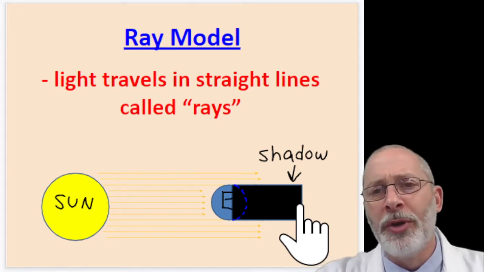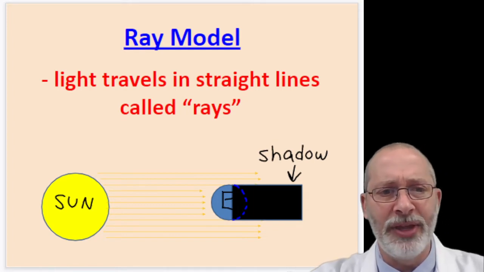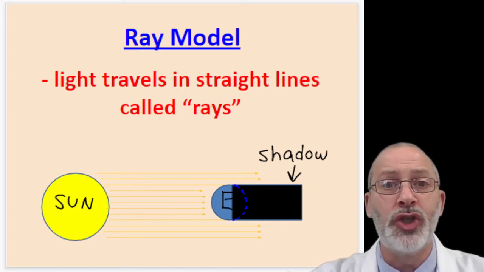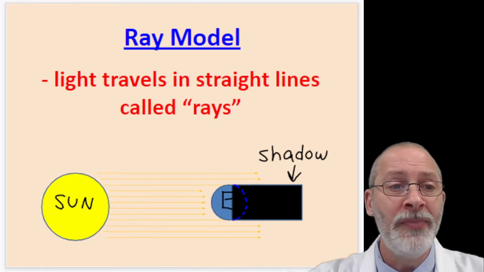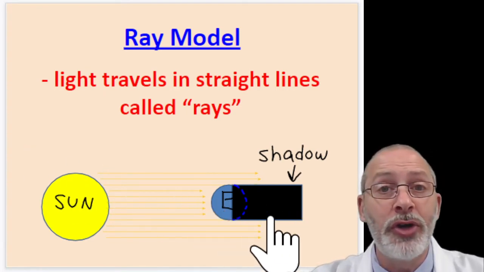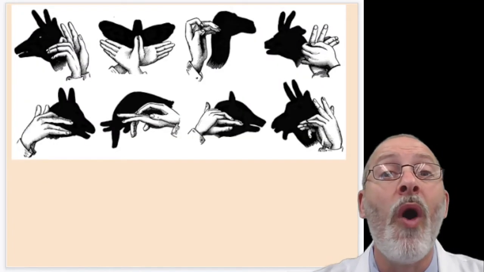Now, let's talk more about this ray model of light. The fact that light travels in straight lines does enable shadows to form, whether we're talking about shadows in the universe, in our solar system, or shadows on the wall.